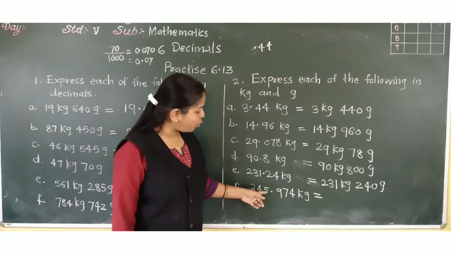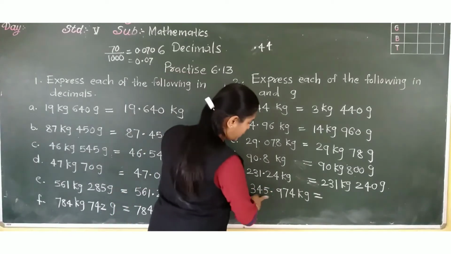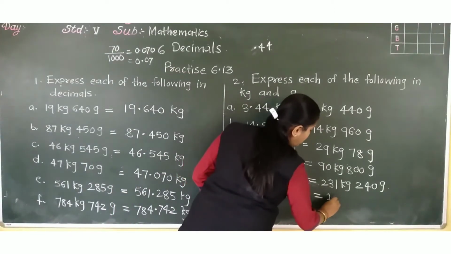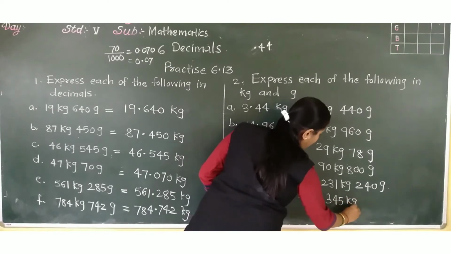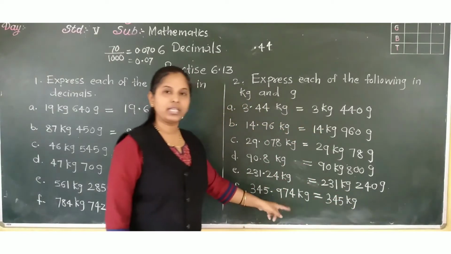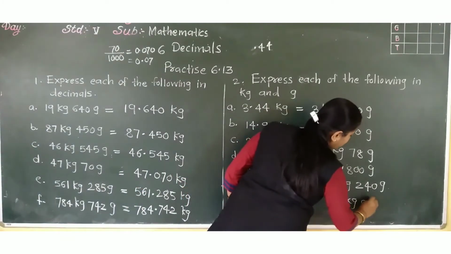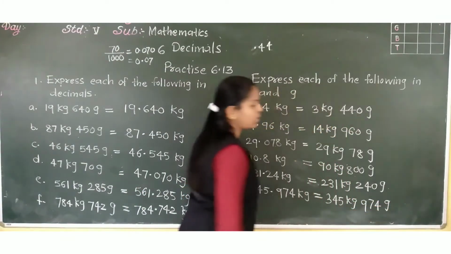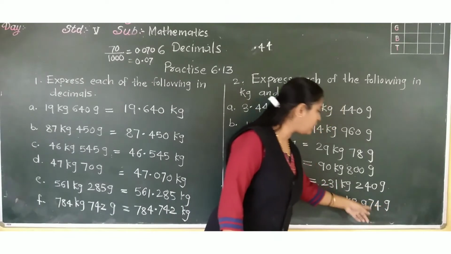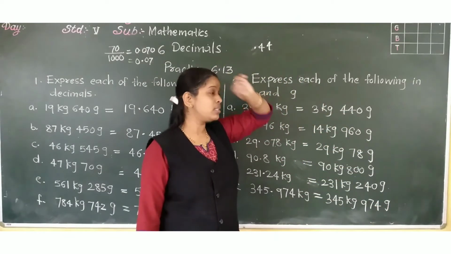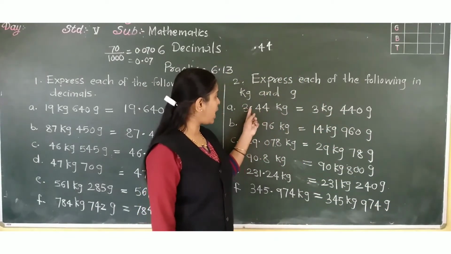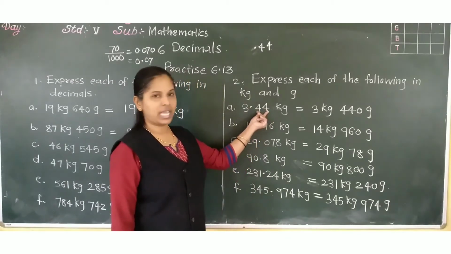Now 345 kg. This whole part is nothing but kg. And after the decimal part is gram. Here see 974 grams. When we are writing in grams, at least 3 digits should be there. Now see after decimal, only 2 digits are there.